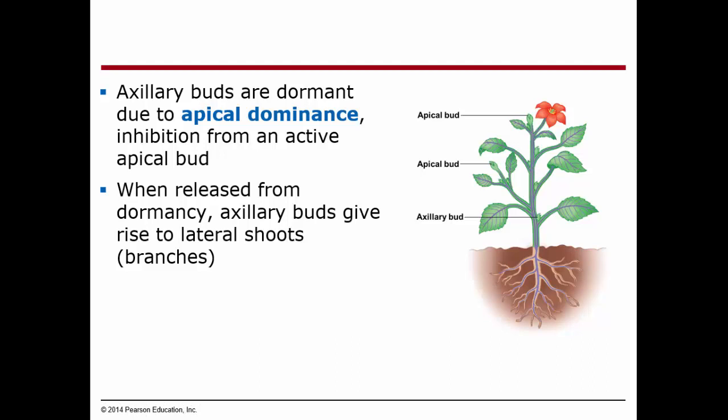So growth is actually going to be the most active at an apical bud because of a phenomenon called apical dominance. Apical dominance occurs when growth at an apical bud actually releases hormones that inhibit the growth of lateral buds that are nearby that region on the plant.